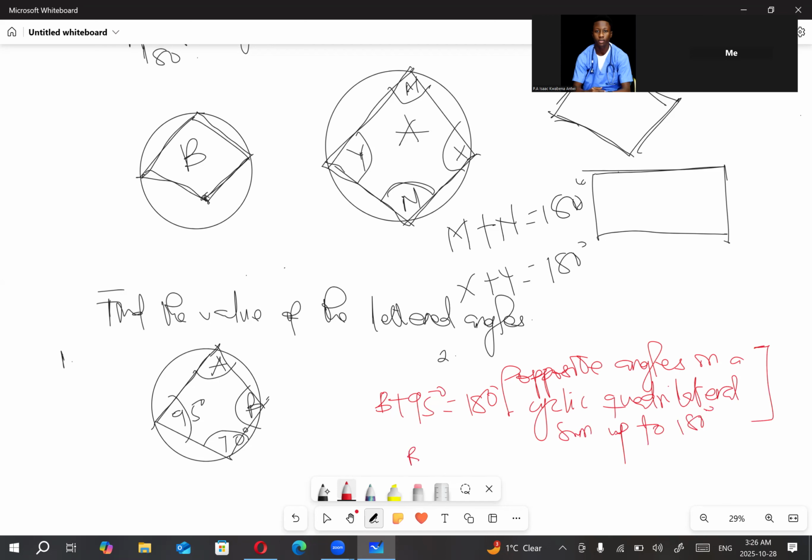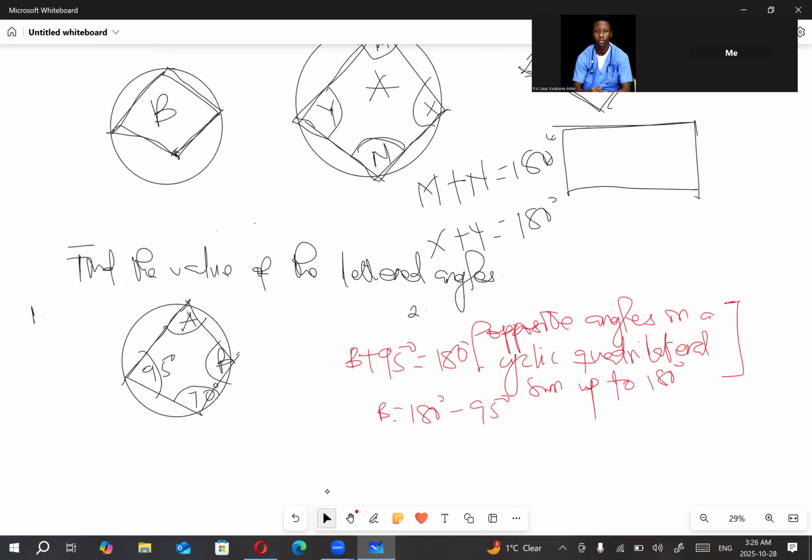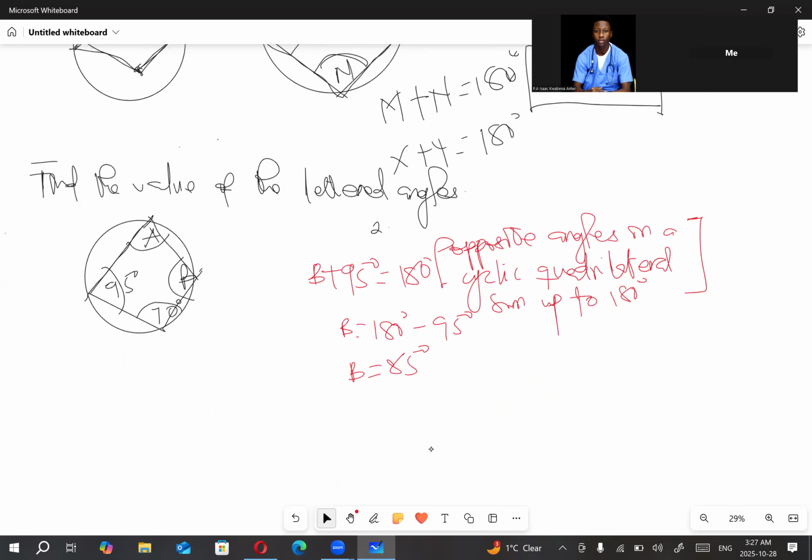So B is equal to 180 minus 95. Can somebody do that and let me know? What's the answer? 85.